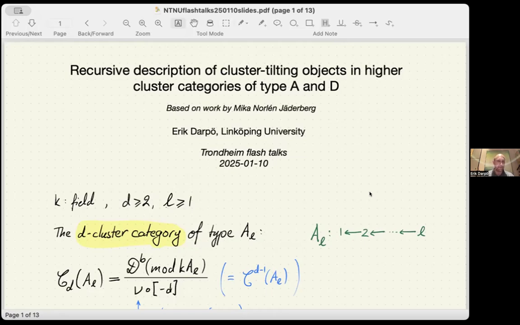So the basic setup is that K is a field, any field. d is an integer greater than or equal to 2, and l is a positive integer.